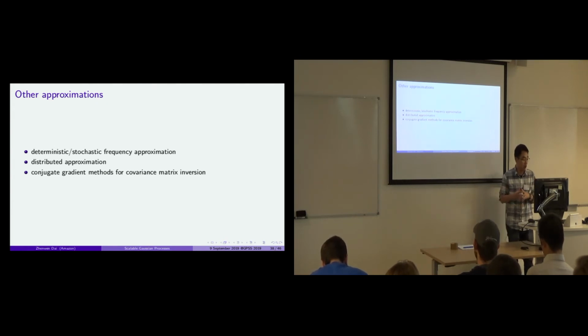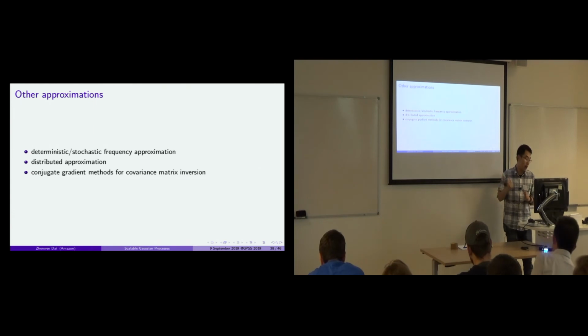And you of course can distribute it. There's an approach to distribute your data set and do local computation of Gaussian processes instead of building a single bigger Gaussian process, which is known as the distributed Gaussian process. There's also another line of approximation of Gaussian processes using conjugate gradient.